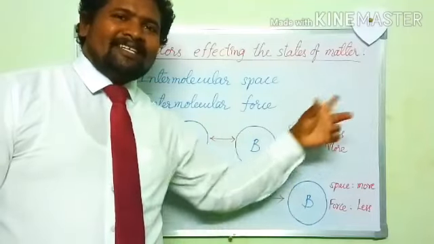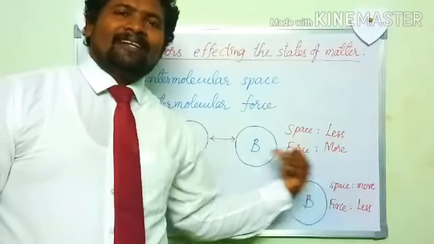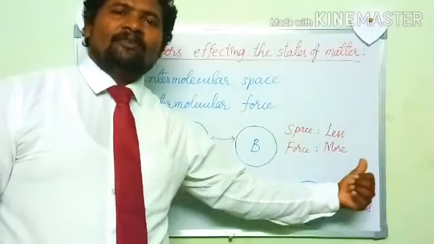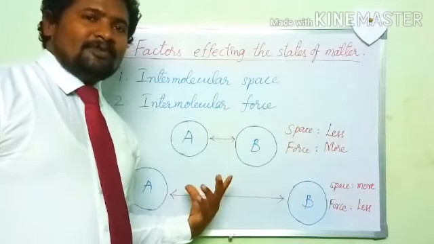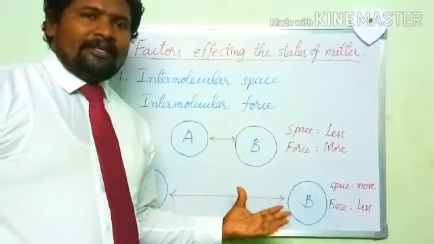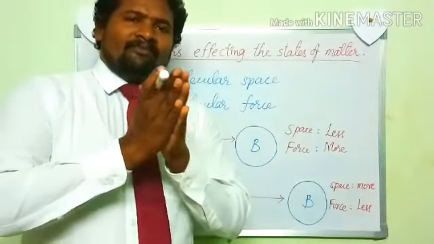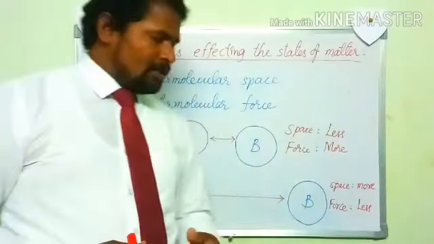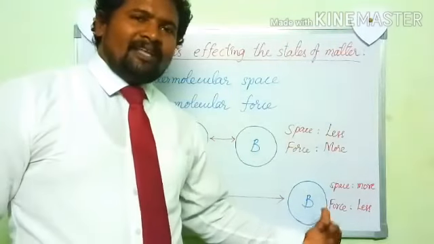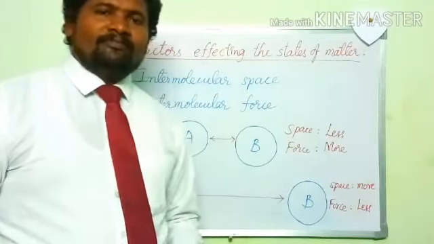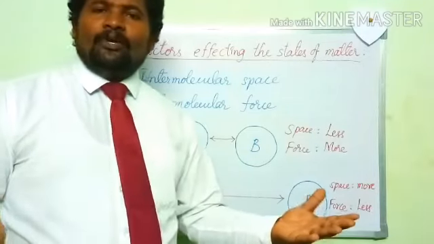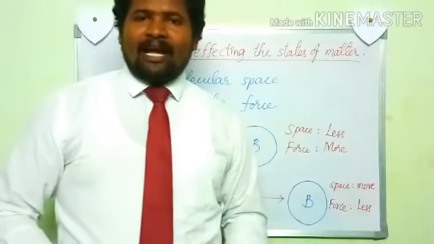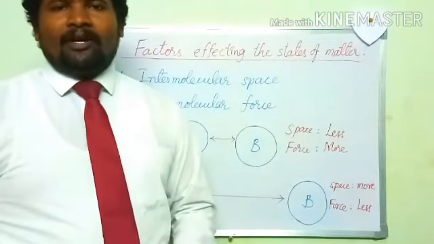When space is less, the force of attraction between the atoms is more, and here you see the space is very vast. That means the space between the atoms is maximum, and there we find no force of attraction acting between these particles.